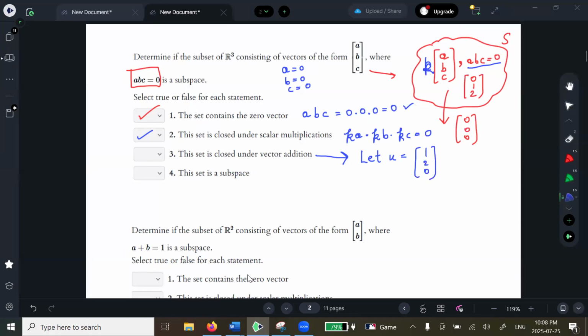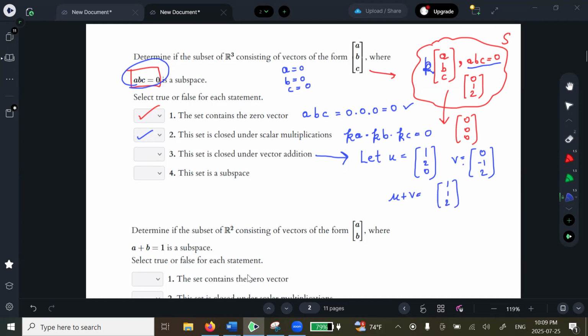If I pick u like this and v, any vector you pick, doesn't matter, u and v satisfy the condition I'm highlighting right here. 1 times 2 times 0 gives me 0. This also. But when I do u plus v, I get 1, 1, 2.